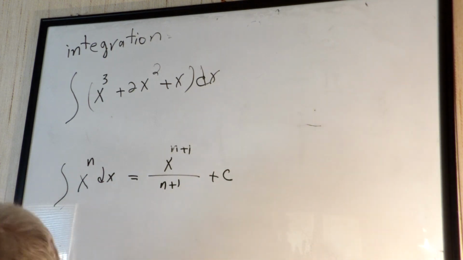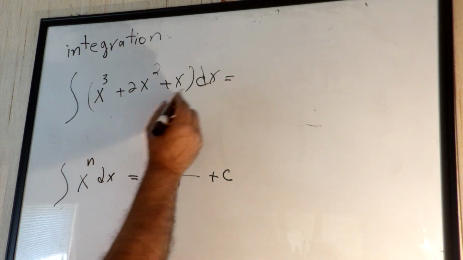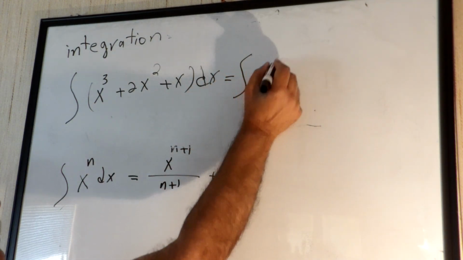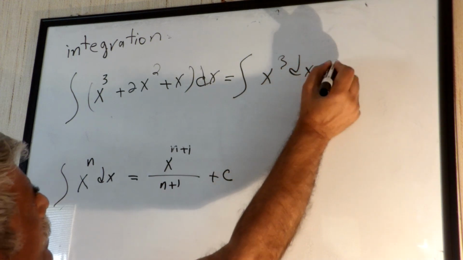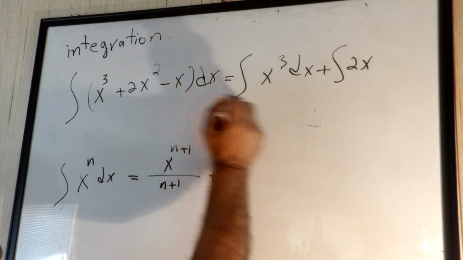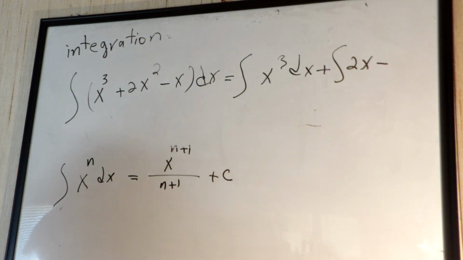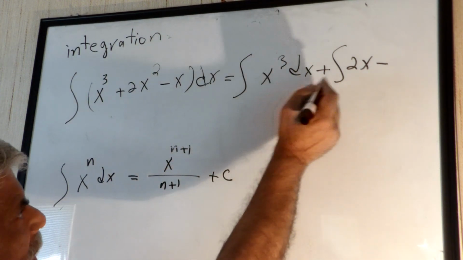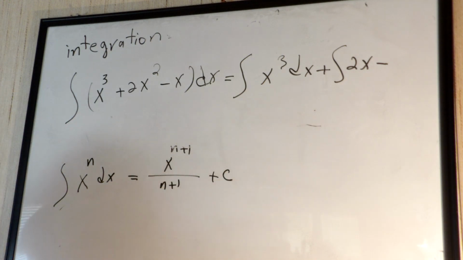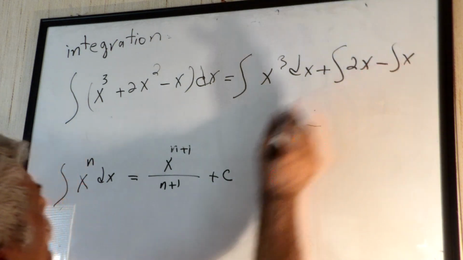What you do is integrate each of those terms. Like we say, x cubed dx plus 2x squared dx, and each of them has a minus x.